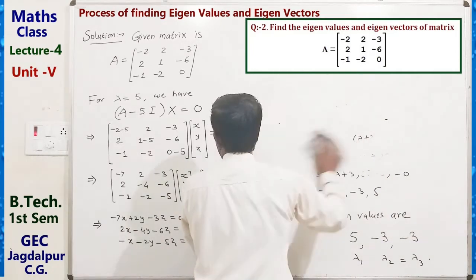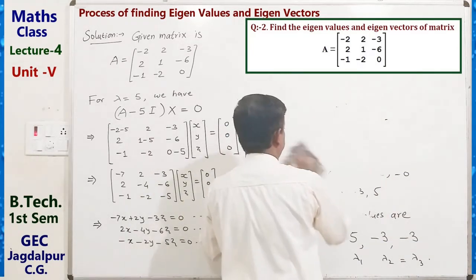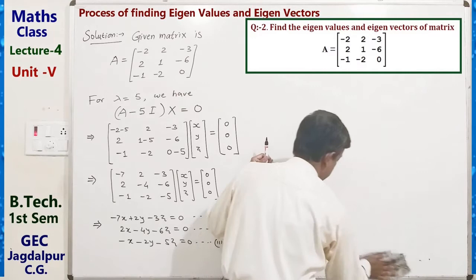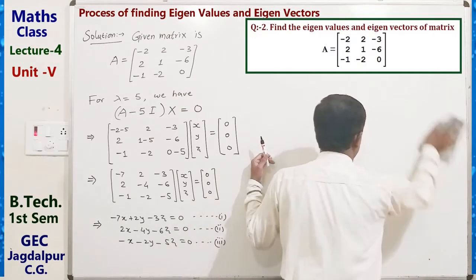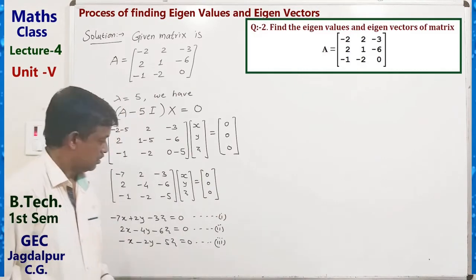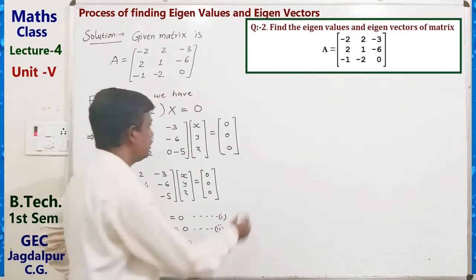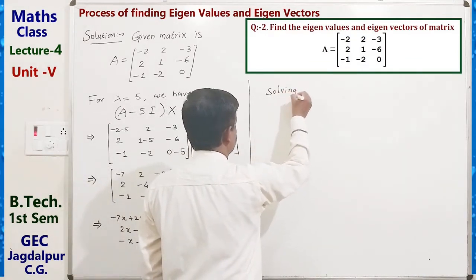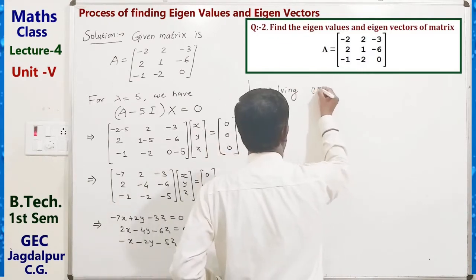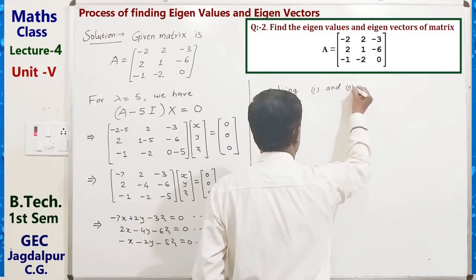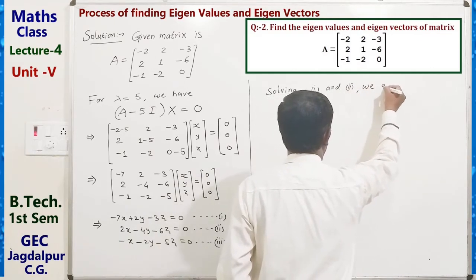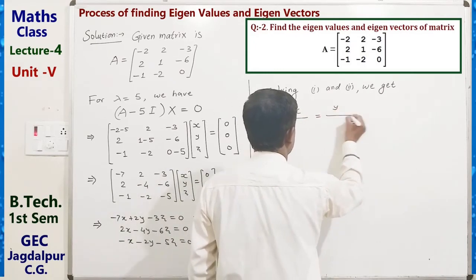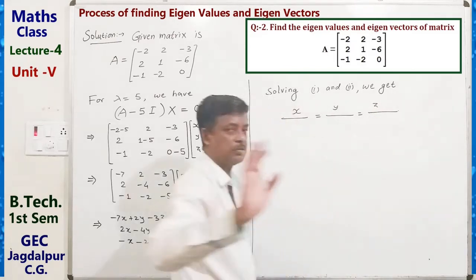We have to find the eigenvectors one by one. Here we are giving the process, how you can find it. So solving the first and second, just use cross multiplication.